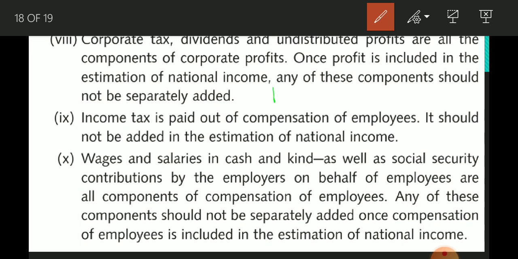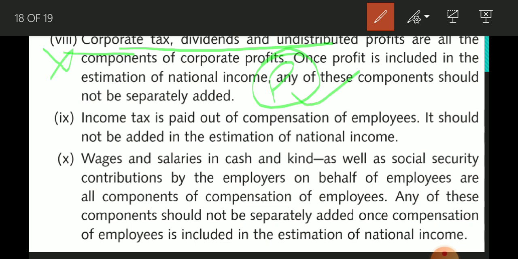If the value of profit is given in the question, then you are not going to include these things. Why? Because profit is the sum total of corporate tax, dividend and undistributed profit. If you add any one of them, there will be overestimation. So when the value of profit is given, we are not going to add any component.